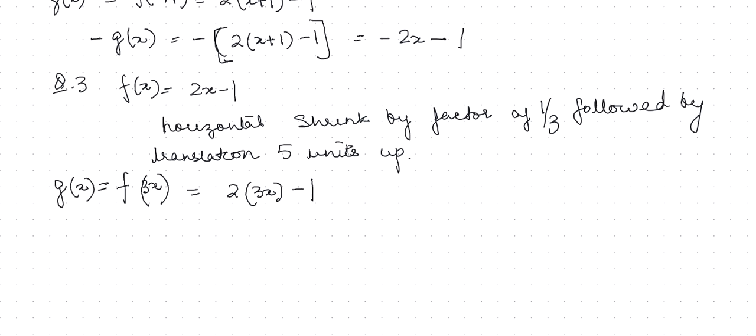And translation 5 units up means we add 5 to the whole function. So this will give us 6x minus 1 plus 5, so 6x plus 4.